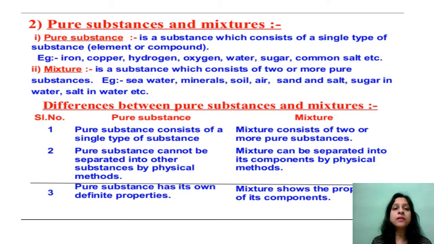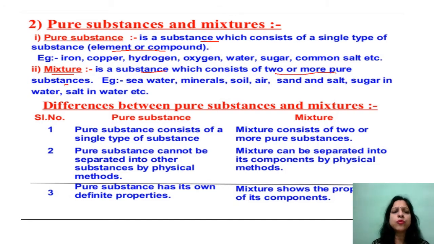Next, what are pure substances and mixtures? Pure substance is a substance which consists of a single type of matter, that is either an element or a compound, like iron, copper, hydrogen, oxygen, water, sugar, common salt, etc. A mixture is a substance which consists of two or more pure substances.